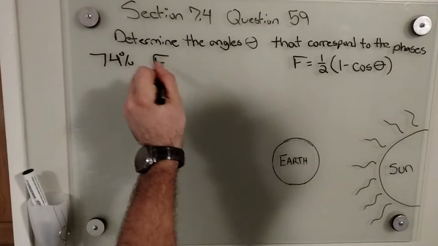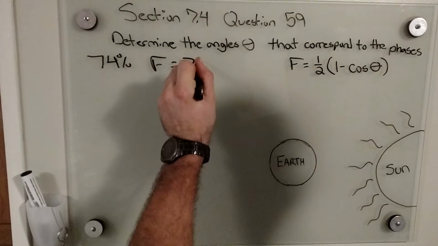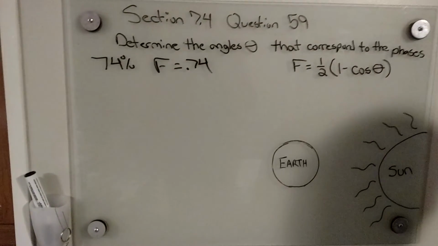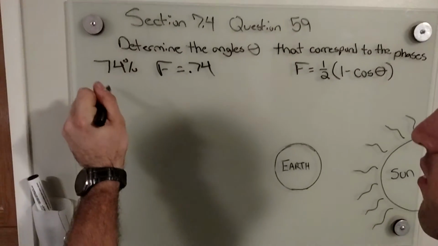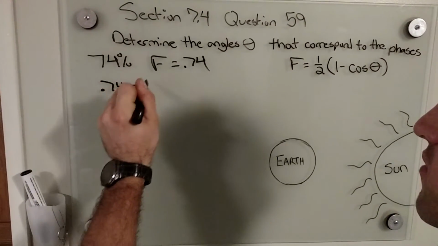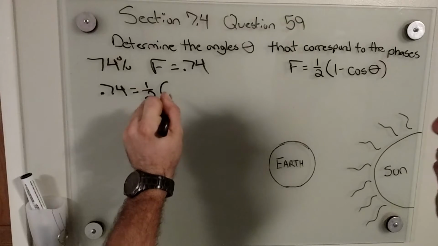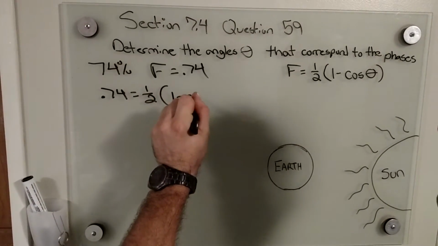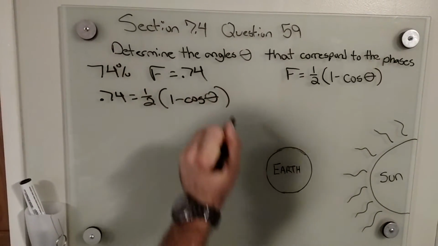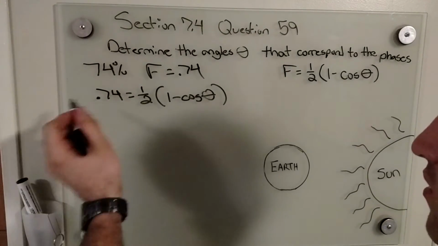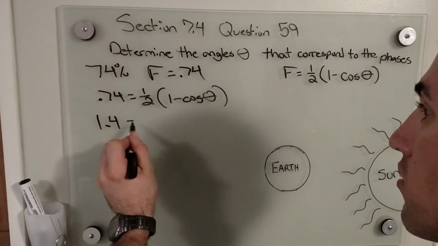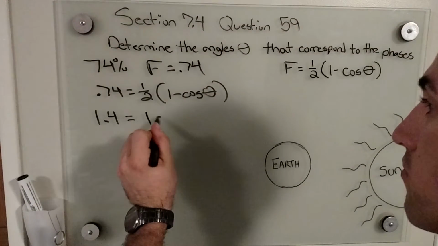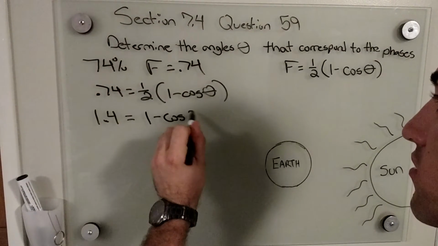So f would actually equal 0.74. And if we were to work that out on here, you'd have 0.74 is equal to 1/2 times 1 minus cosine theta. Double both sides, you get 1.48 is equal to 1 minus cosine theta.